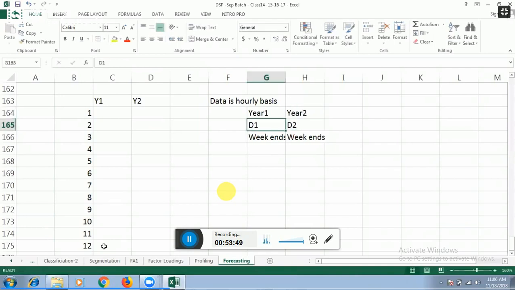The same day means last year January 1st and this year January 1st, or last year's 50th weekend and this year's 50th weekend. Or maybe a month-on-month comparison, January to February, or quarterly comparisons, quarter 1 versus quarter 2.